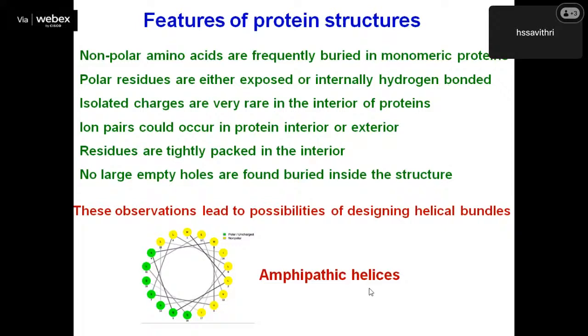These amino acids all love to be in contact with water. These amino acids don't want water. So this helix is what we call an amphipathic helix. One side of it wants to be with water, another side doesn't want to be with water. Hydrophobic and hydrophilic. This distribution is from an actual example from a protein. So you do find such helices.